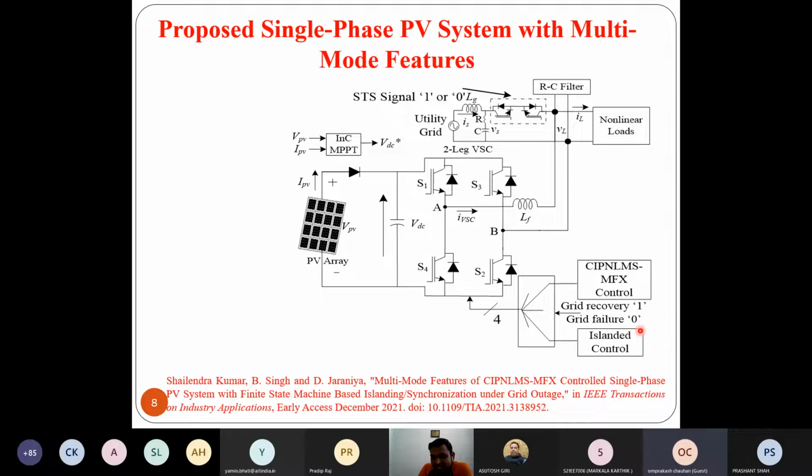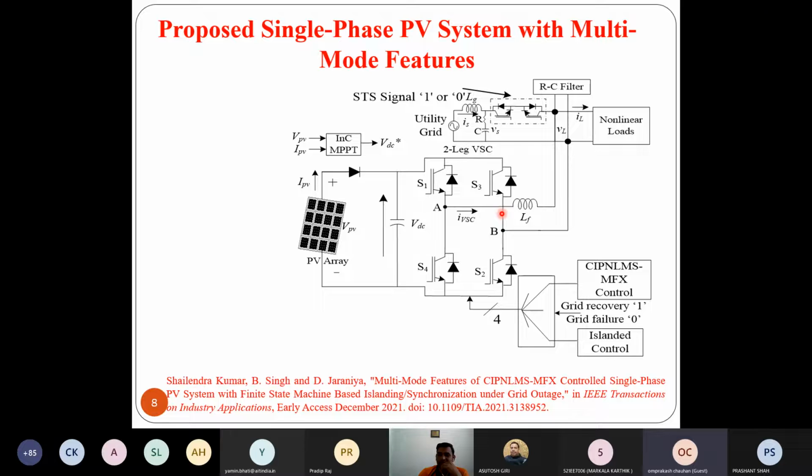In case of islanded control, we have to generate the voltage and frequency which will match the load, because load always requires, if it is a single phase system, 230 volt and 50 hertz.